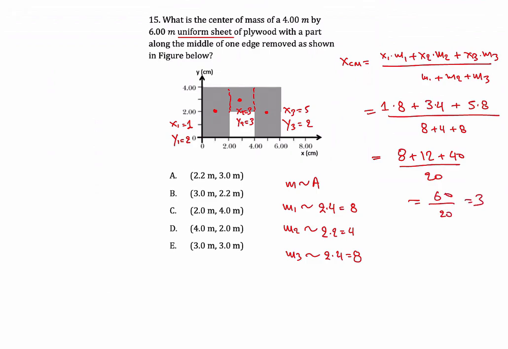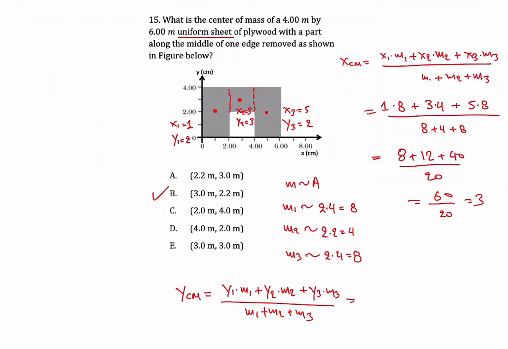Now, since we have two options with 3 meters as the x of the center of mass, we need to calculate the y of the center of mass, which is obviously going to be a little bit more than 2. I believe that the correct answer will be B, but let's verify this. Y of the center of mass is y1 m1 plus y2 m2 plus y3 m3 divided by the total mass m1 plus m2 plus m3.